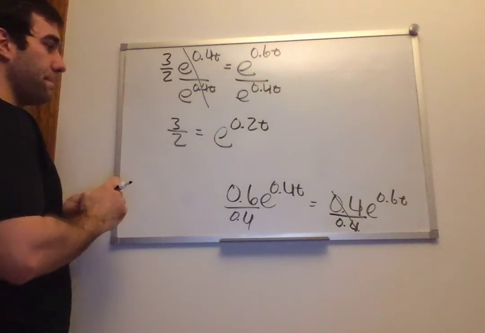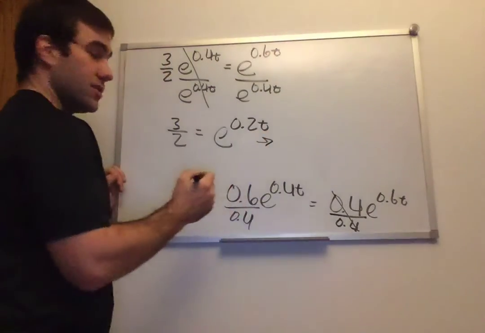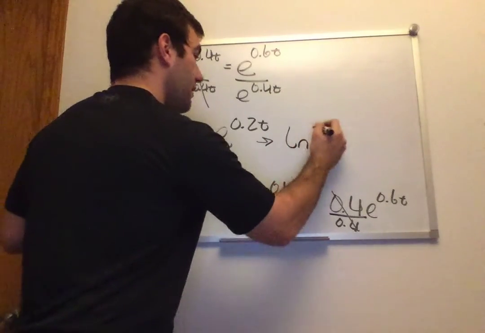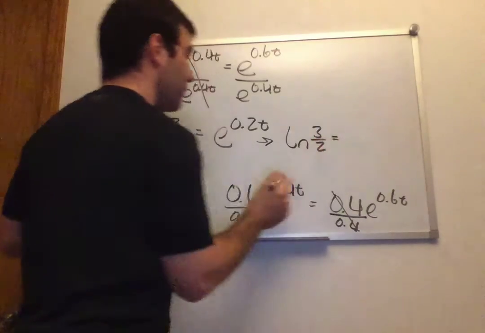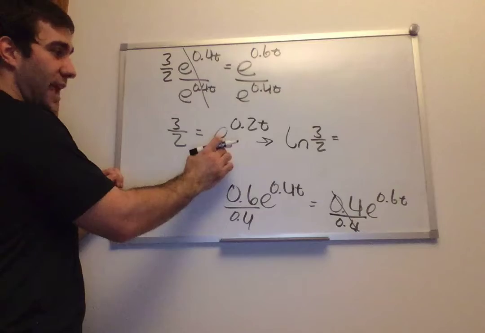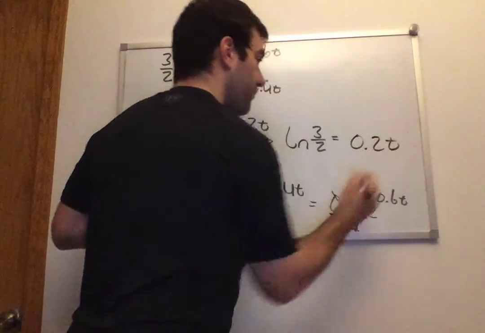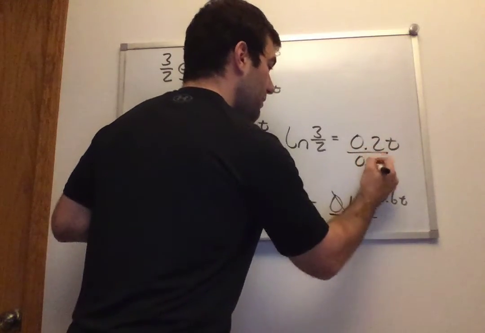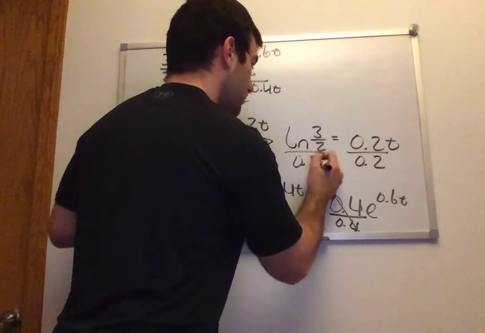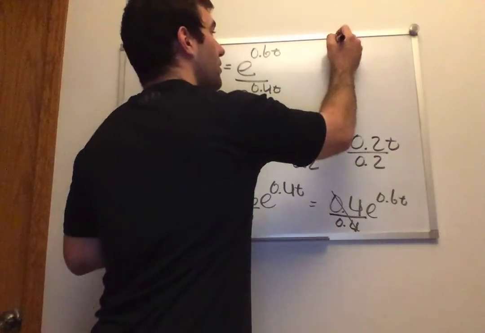0.2t. Now to solve this, we're gonna take the ln of both sides. So we got the ln of 3/2 is equal to, and if we take the ln of this side, the ln and the e will cancel, and we'll just be left with 0.2t. So now just divide both sides by 0.2. And then we have our critical values.